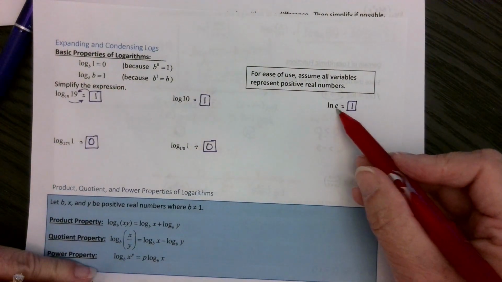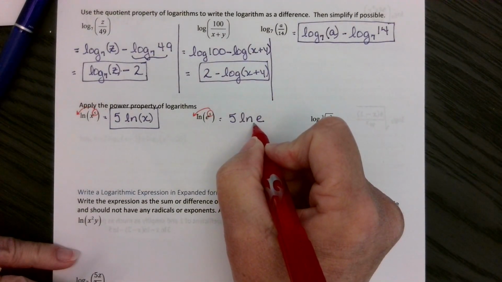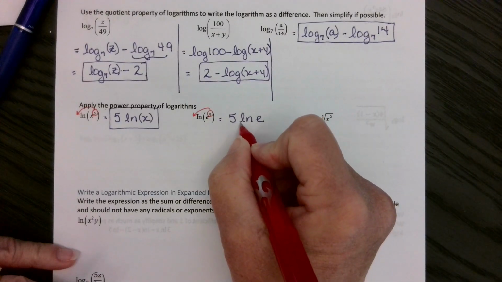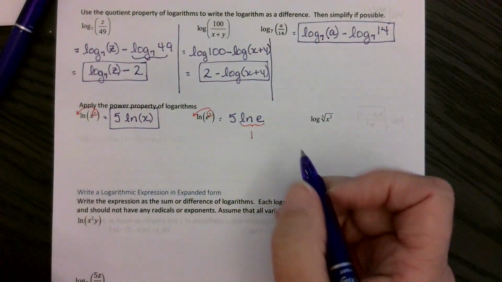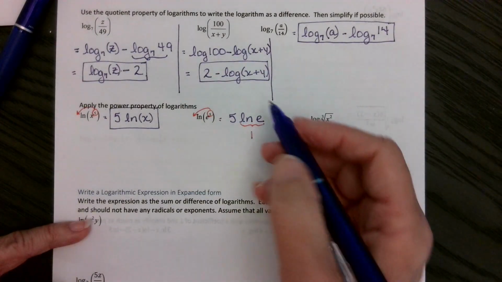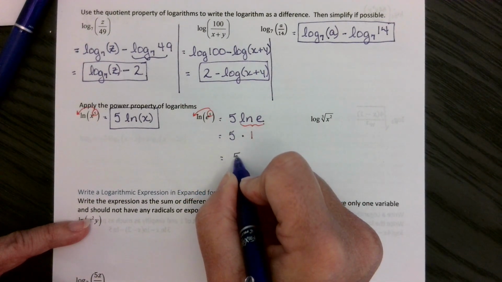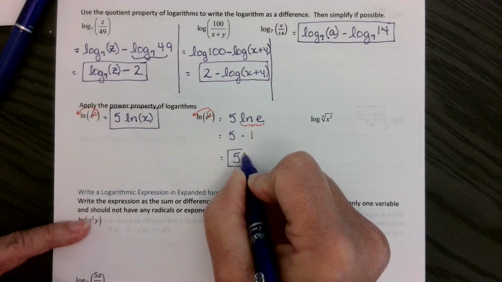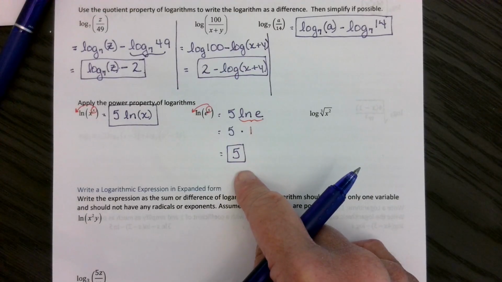Natural log of e is 1 because this has a base of e. E to the first power is e. So we have 5 times the 1, so our answer is 5. Now, granted, you can actually do this on your calculator and it'll give you 5.